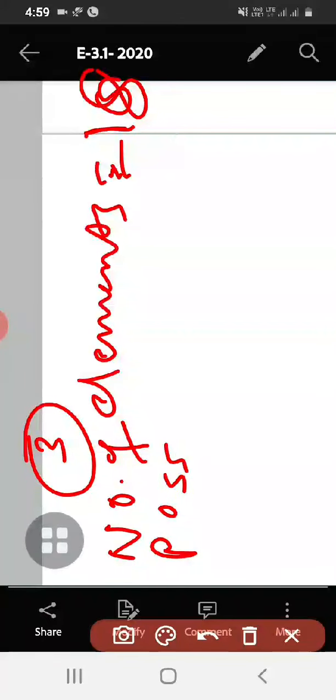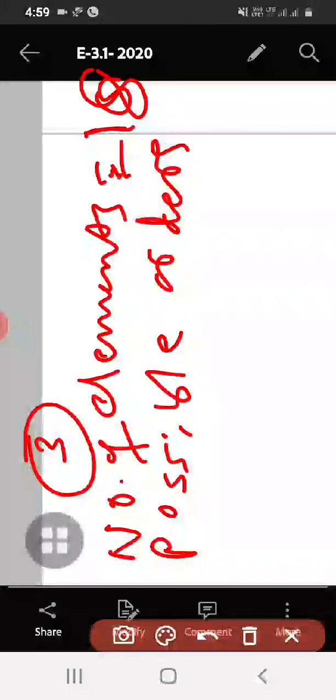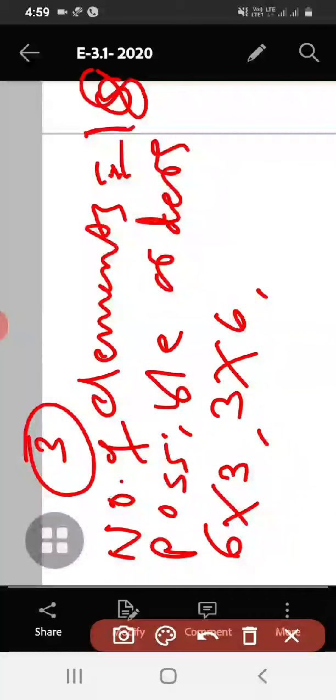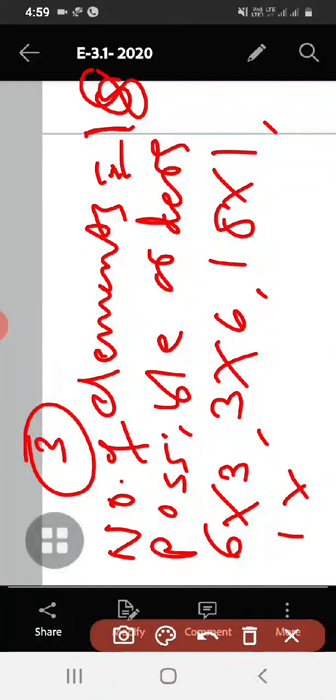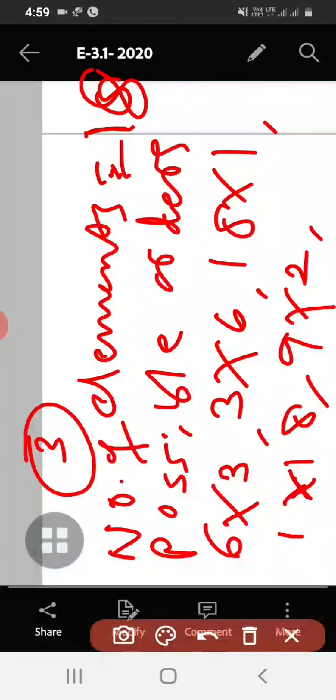So possible orders: 6 cross 3, 3 cross 6, then 18 cross 1, or 1 cross 18, 9 cross 2, say 2 cross 9. Okay, these are the possible orders if the total number of elements is 18.